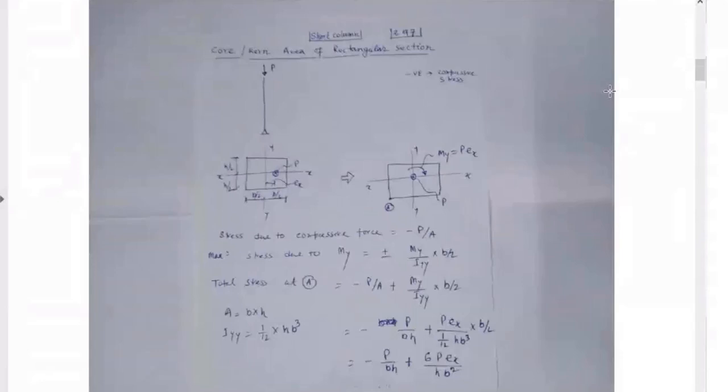And y is the distance of the fiber, or the position where we want to find the bending stress, from the axis of the moment. Now, in this case, the maximum stress due to the bending moment will be plus minus My divided by I.